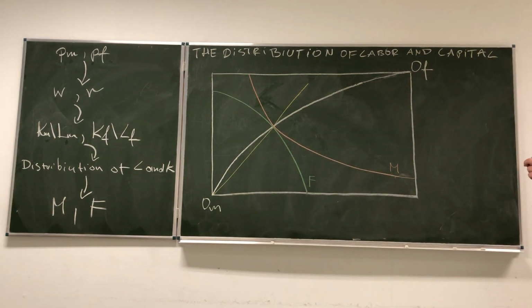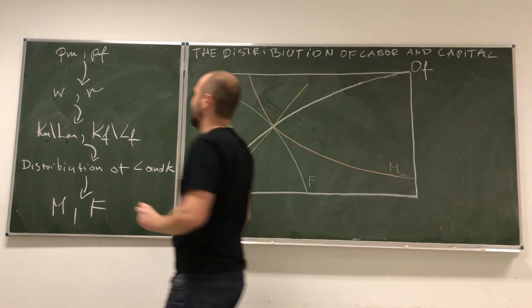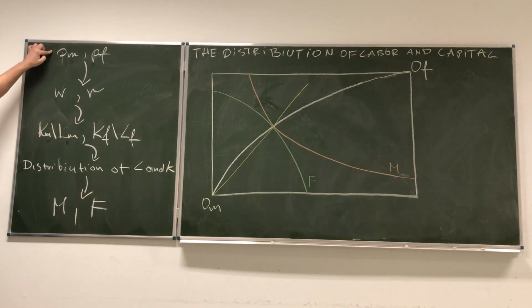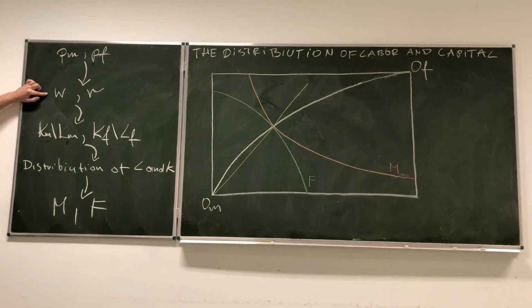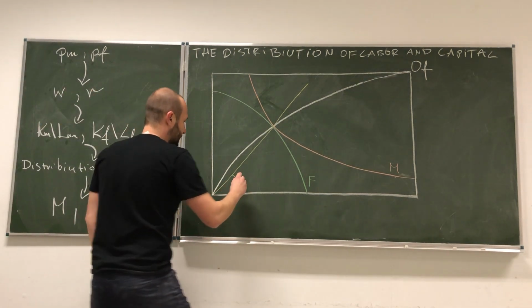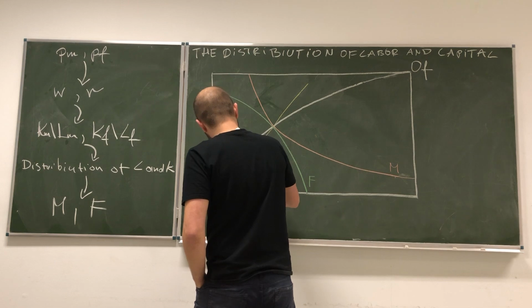But now, if I know prices, I can calculate rewards to the factors of production. Knowing those, I can calculate the ratios, because those ratios are given over here.